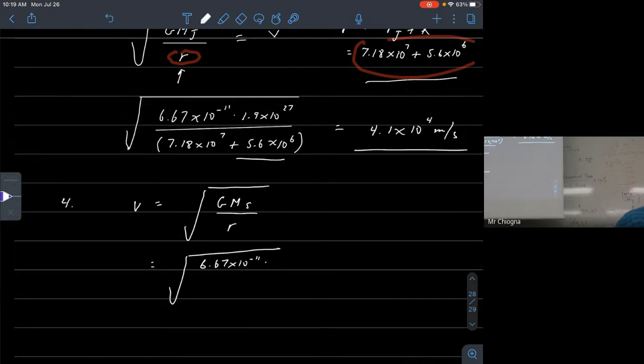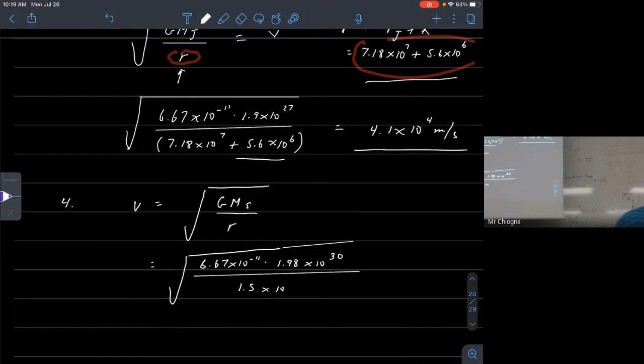If you use the mass of the sun, it should be 30. And this is just an average, the orbital radius.